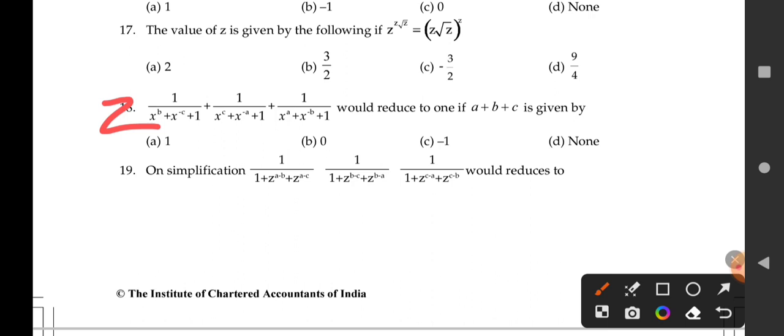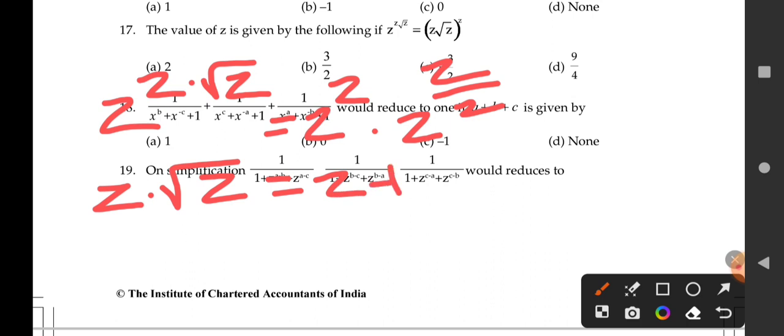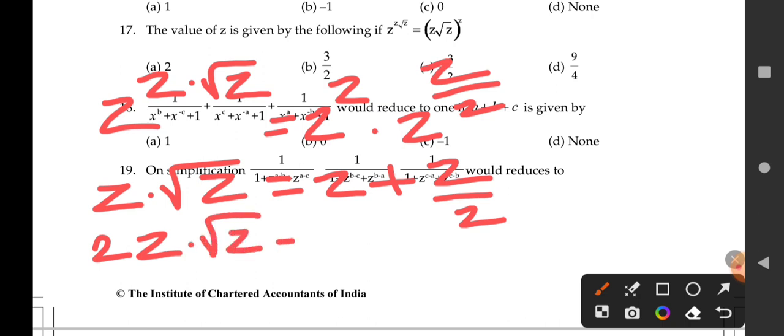What do we have? z power z into root z, which equals z power z into z power z by 2. Correct? So all the bases are the same. z into root z equals z plus z by 2. So we have 2z into root z equals 2z plus z.